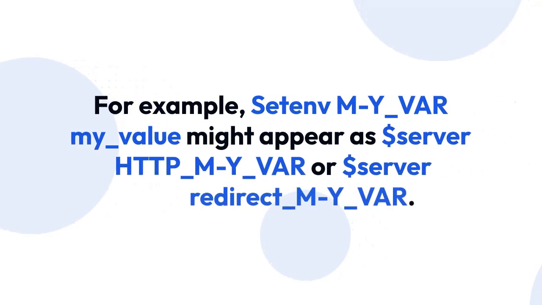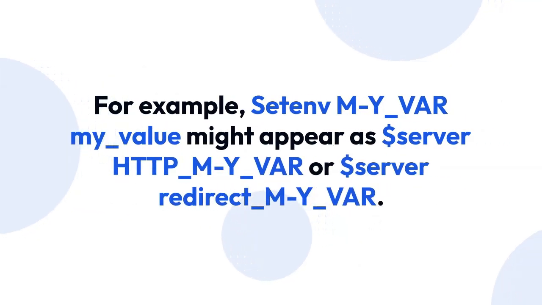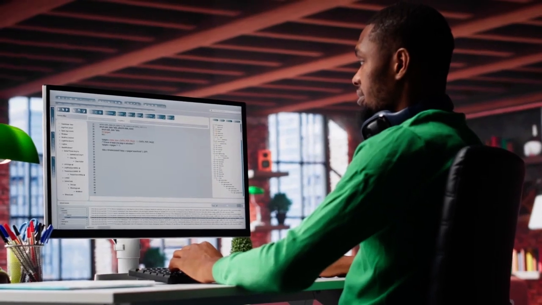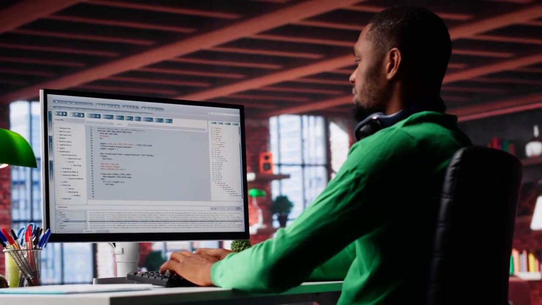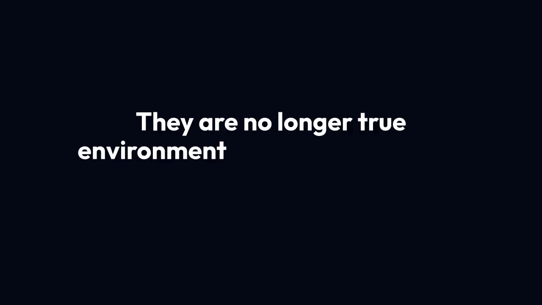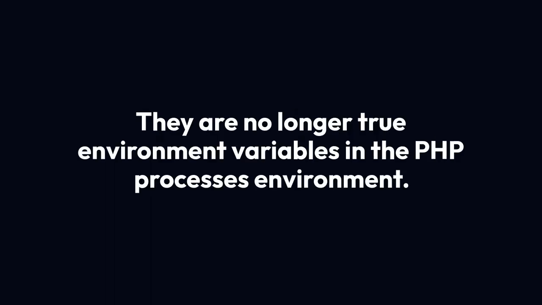For example, SetEnv my_var might appear as $_SERVER['HTTP_my_var'] or $_SERVER['REDIRECT_my_var'] in your PHP script, rather than a direct getenv('my_var'). They are no longer true environment variables in the PHP process's environment.